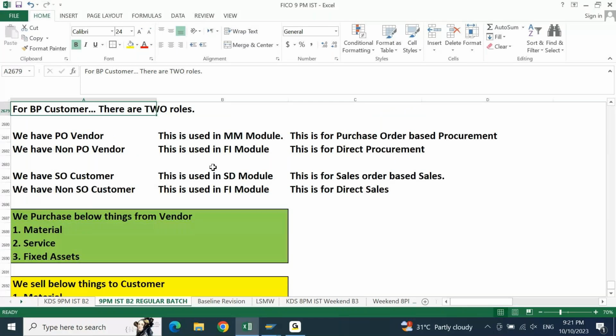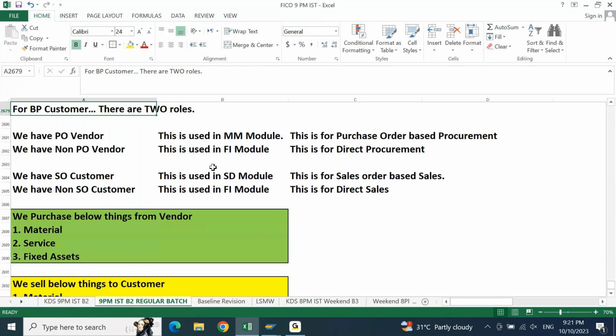Anything which is handled directly in the FI module is called plain or basic accounts payable, basic accounts receivable. If it is handled only in FI, which is your basic AP, basic AR, nobody wants to hear that from you.